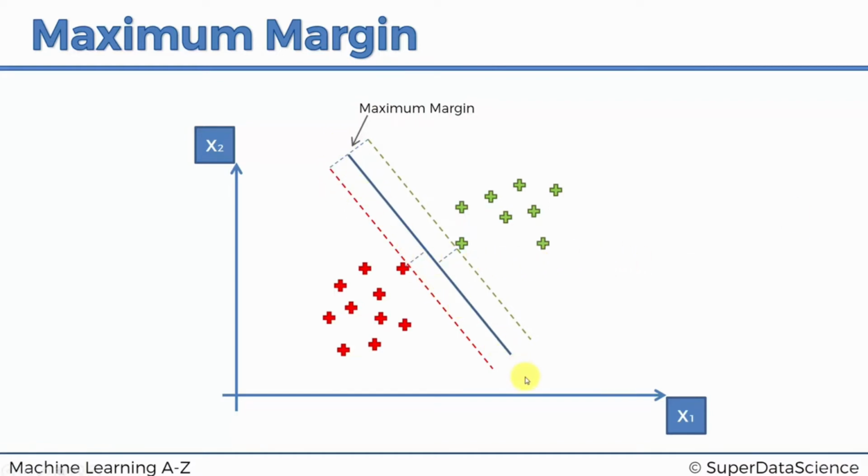So this line is drawn equidistant from this point and this point, and we'll find out exactly why these points in a second. And then the distance between the line and each one of these points, so that's equidistant, and that margin, so the sum of these two distances, has to be maximized in order for this line to be the result of the SVM.